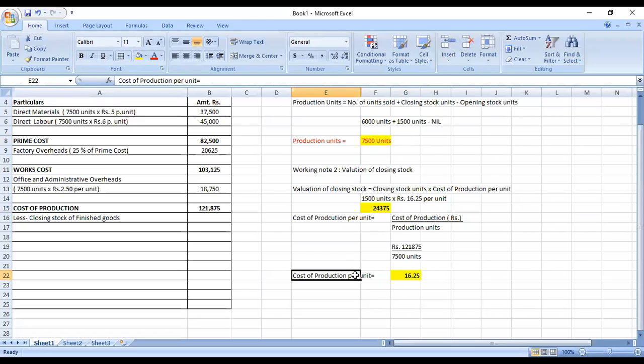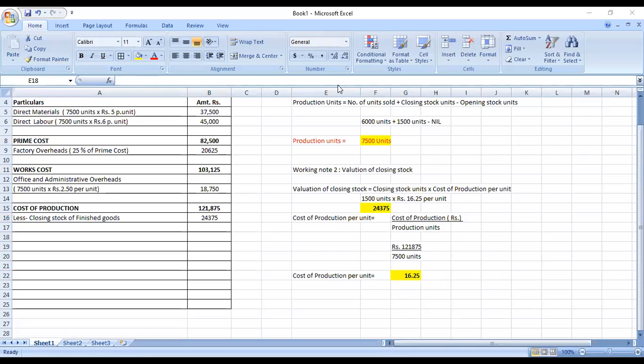Very good, Isha. 24,375. Okay, if you have a query or a doubt, ask me. You can unmute yourself and ask.